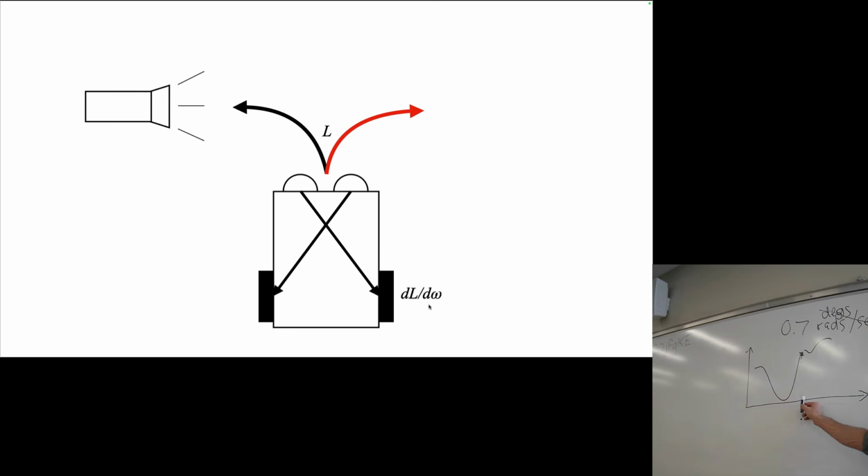If we were to decrease omega by a little bit, we slow down the wheel, what happens to L? Loss is going to increase. So at this point, it knows, did I get this right? Is this drawn right? Increasing omega helps.